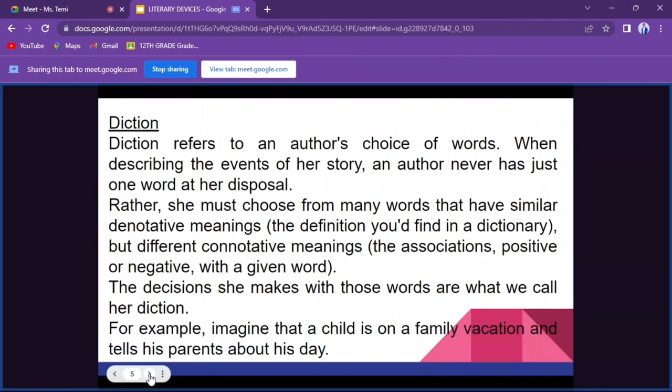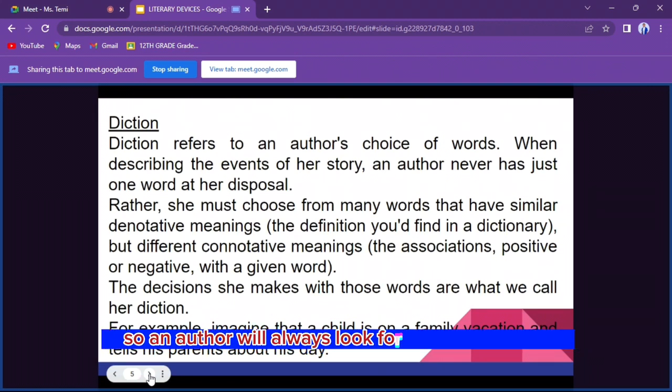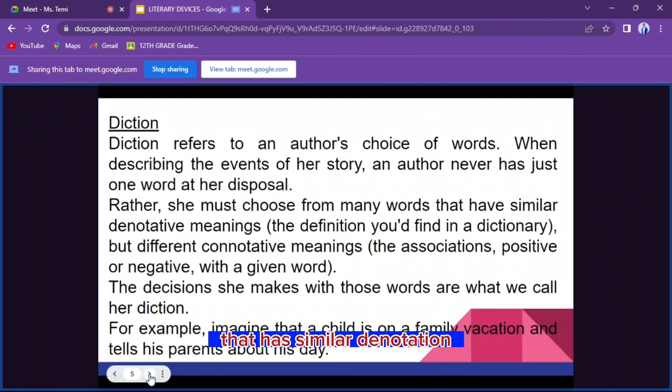I'll be stuck. I will be stranded. So an author will always look for numerous words in order to convey what she has in mind. So she must choose from many words that have similar denotation or denotative meanings.